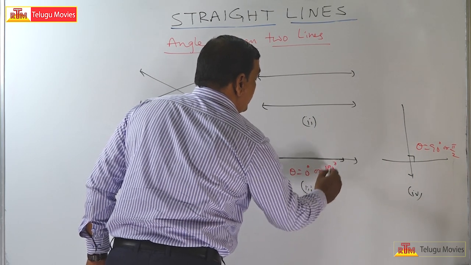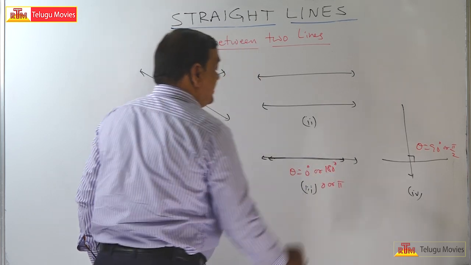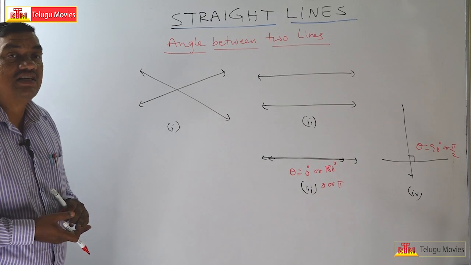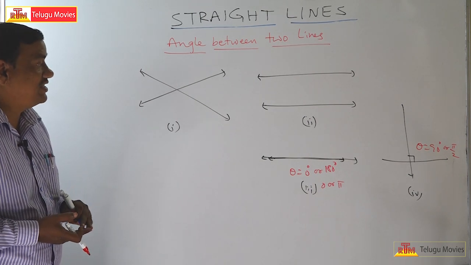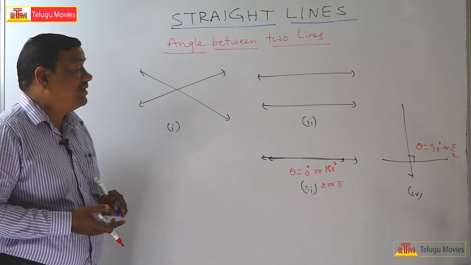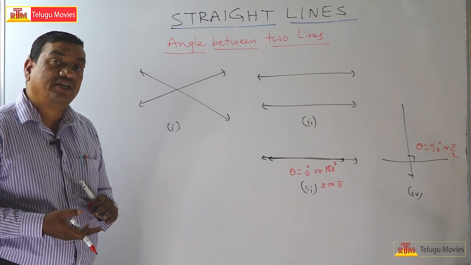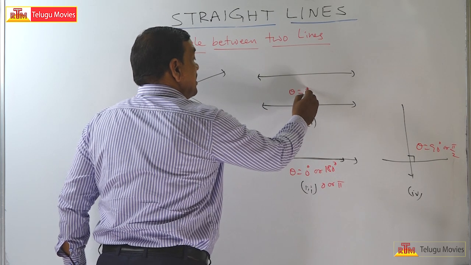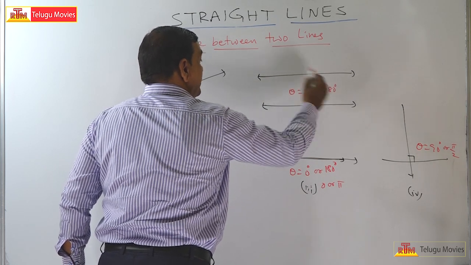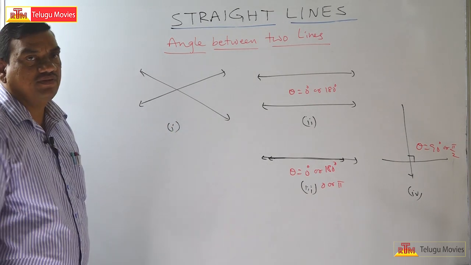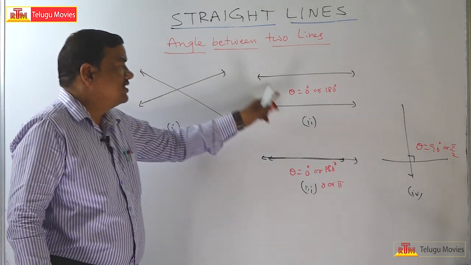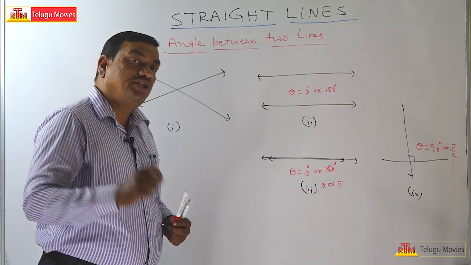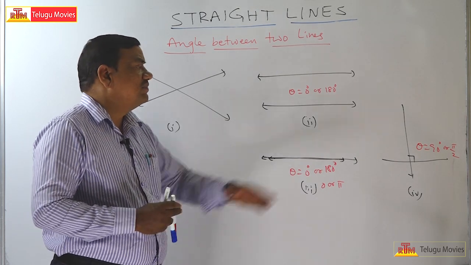So, when two lines coincide with each other, the angle between them is either 0 degrees or 180 degrees. The same holds for parallel lines, also 0 degrees or 180 degrees. For parallel and coincident lines, it is the same concept. Okay, and for perpendicular lines they are 90 degrees.